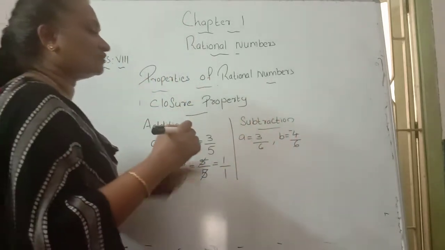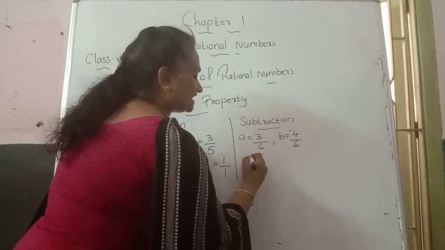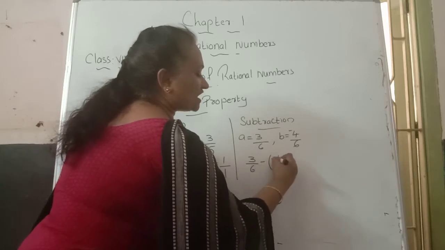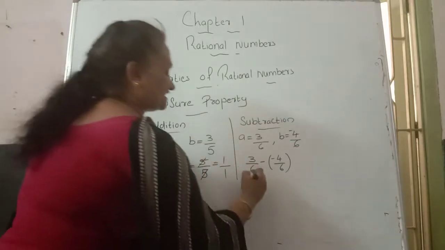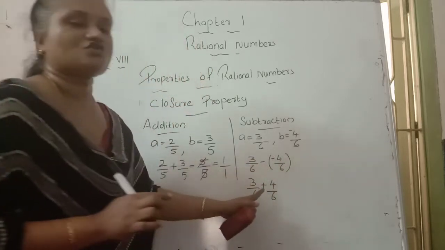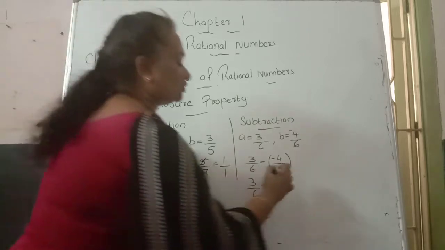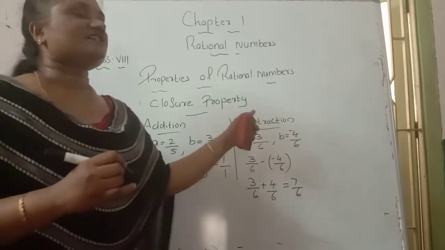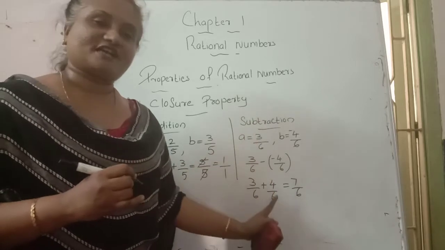In the subtraction case, a value minus b value, that means 3 by 6 minus 4 by 6, and minus changes to plus. So 3 by 6 plus 4 by 6. The denominators are the same, so adding the numerators we get 7 by 6. So we can conclude that the closure property is satisfied under the subtraction case also.